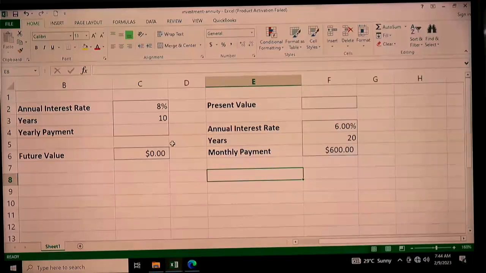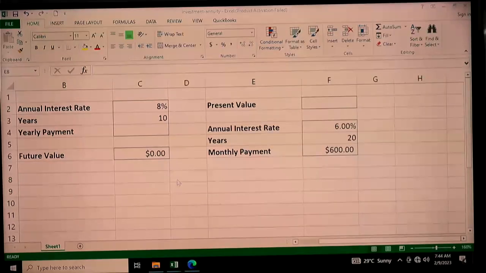Sheet 1, this is our data. From this data, you'll see that the annual interest rate is 8%. The duration here is 10 years.